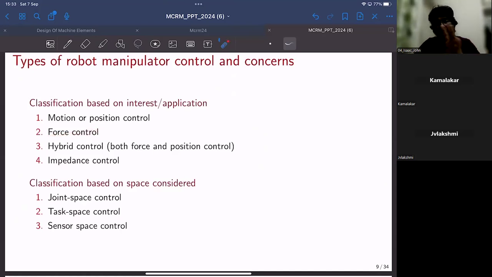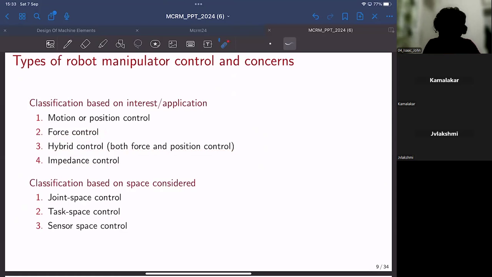For example, if you want to grasp something with a desired force, or if you want to twist something with a desired amount of torque, you would go for force control. Then there are other cases where you have hybrid control, where it is both force and position control, and also impedance control, where it basically transforms a force input to a motion output, or a motion output to a force based input, based on how you want to tune your robotic manipulator.